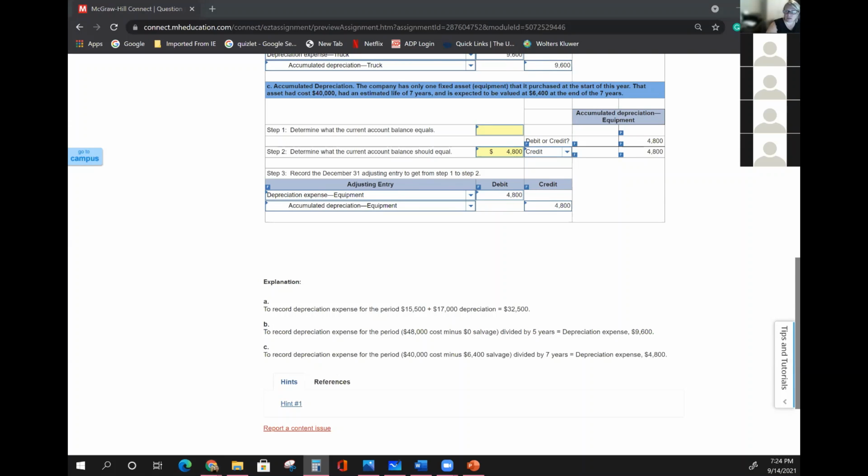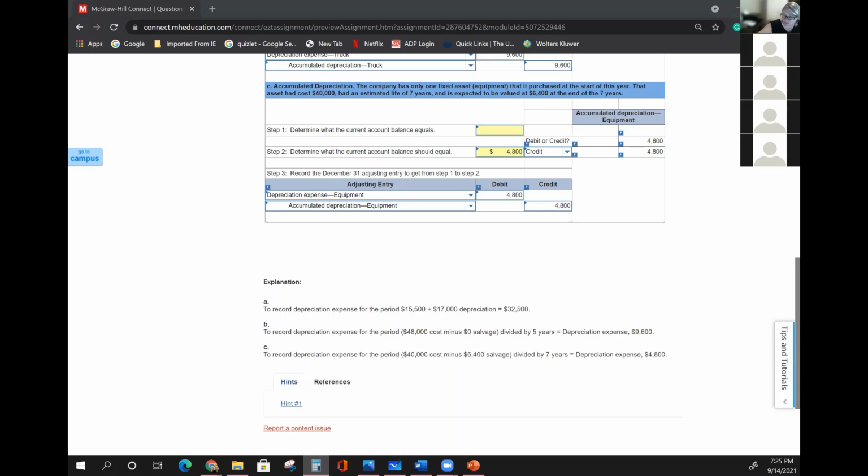What was it at the beginning of the year? It's 0 because we didn't have the equipment before, right? We just bought it. So I want to take $40,000 and deduct my 6,400, which is the value that it's expected to be at the end of the 7 years.